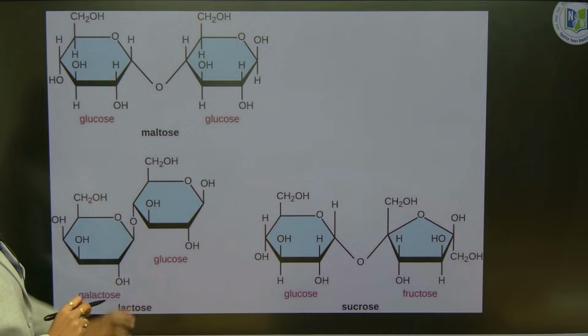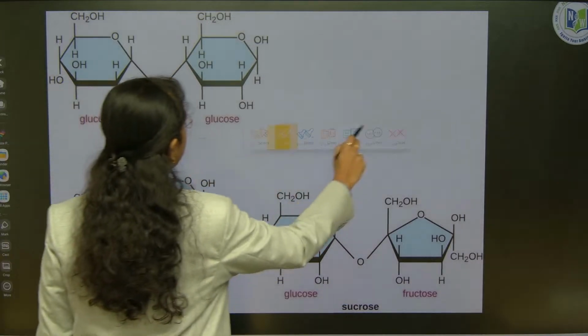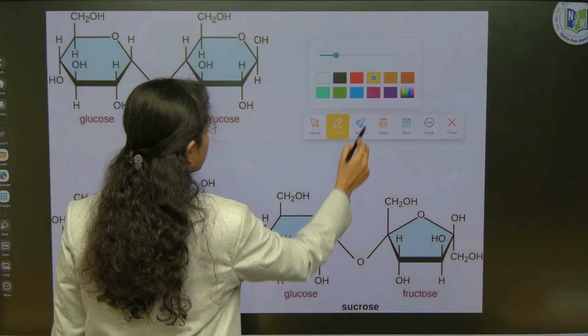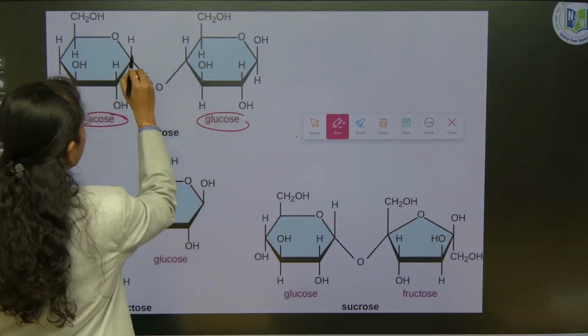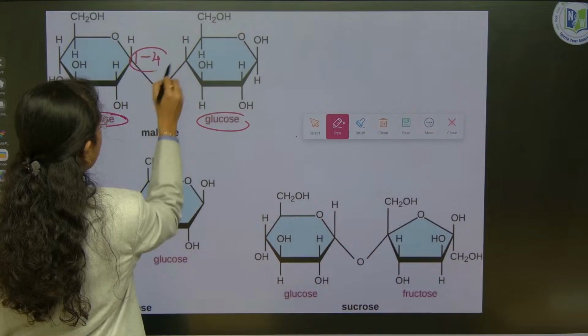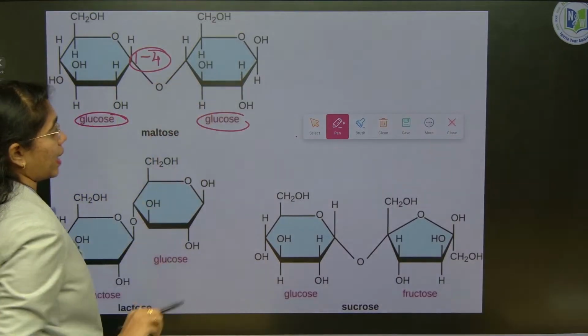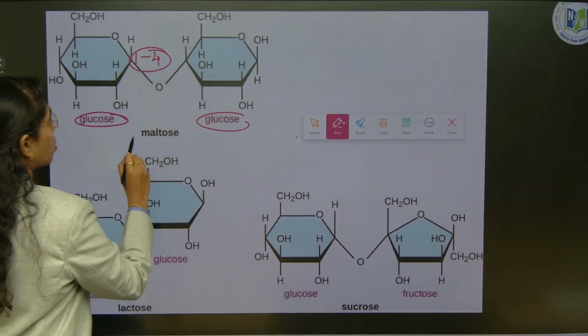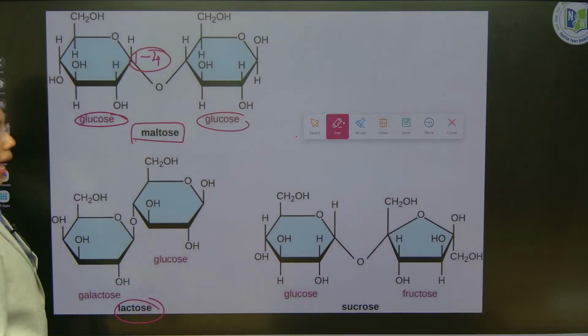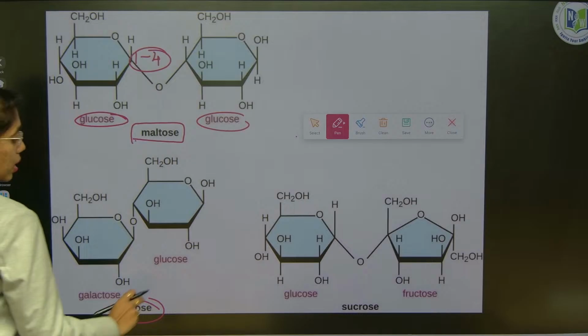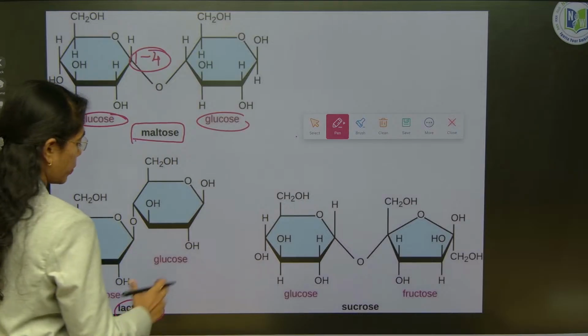If you see maltose, maltose is made up of 2 glucose units, by 1,4 glycosidic linkage between the 2 monosaccharides. Maltose is a disaccharide. Then lactose is a disaccharide. What are the monosaccharides present here?